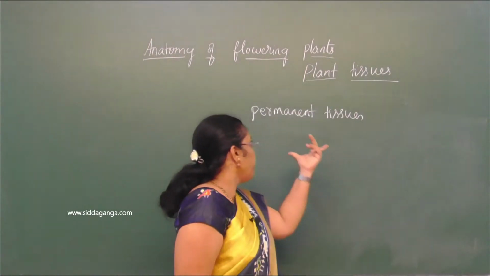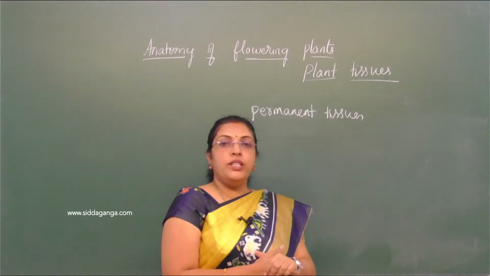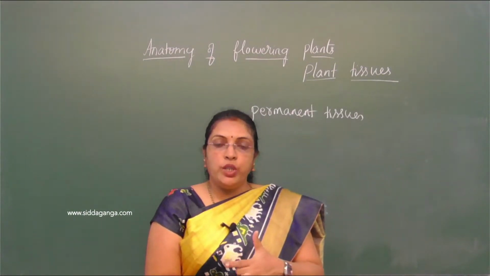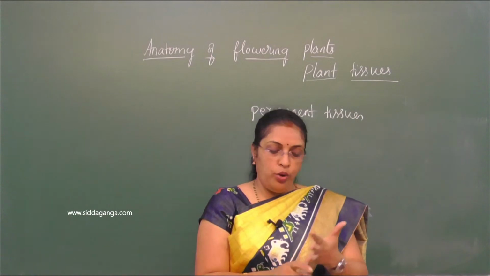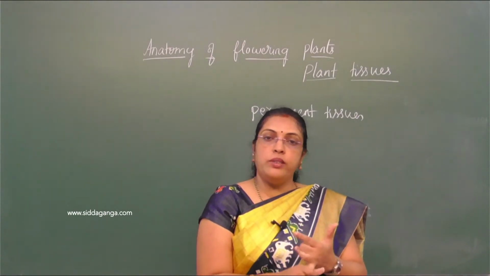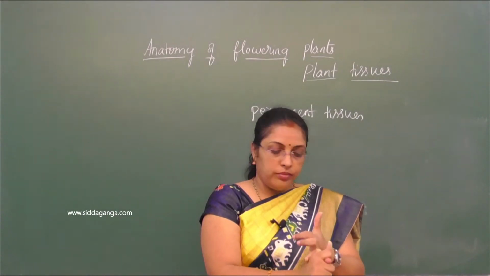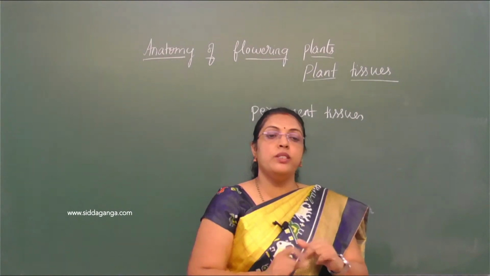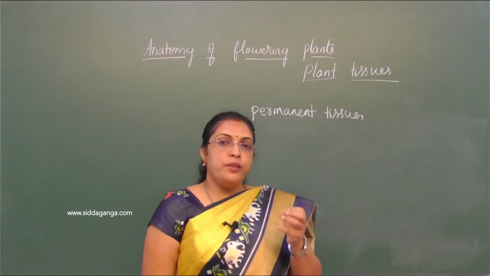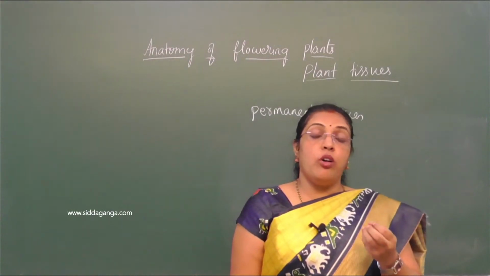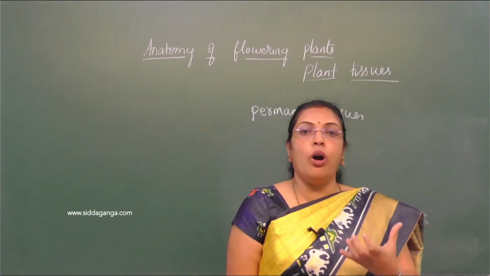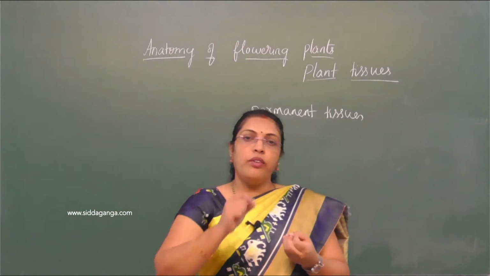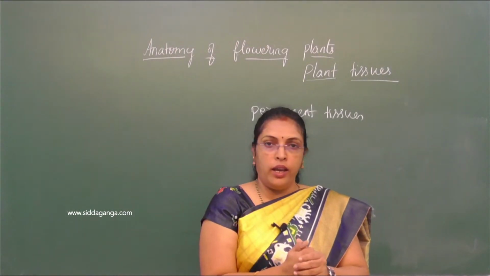So see, based on origin, meristematic tissues are grouped into promeristems, primary meristems and secondary meristems. Promeristems are young or embryonic meristems which show cell division and occupy a very small area in a plant.